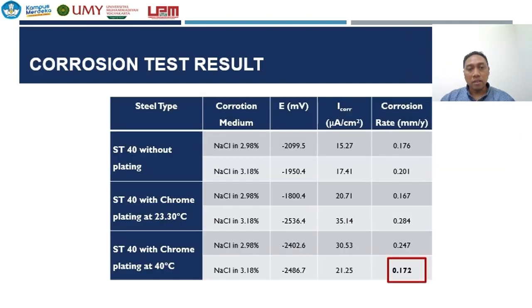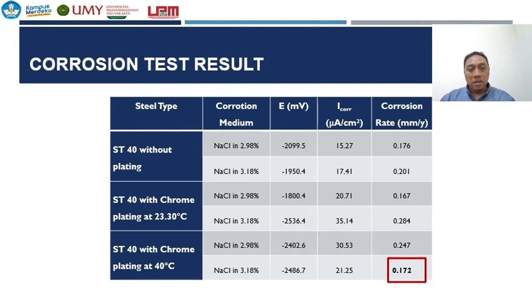The following table 3 provides a concise summary of the corrosion testing findings for ST40 steel specimens, both with and without chrome plating, when submerged in seawater with varying NaCl concentration. The result suggests that the ST40 steel without any protective plating experienced increased corrosion rates when exposed to seawater with higher concentration of NaCl.